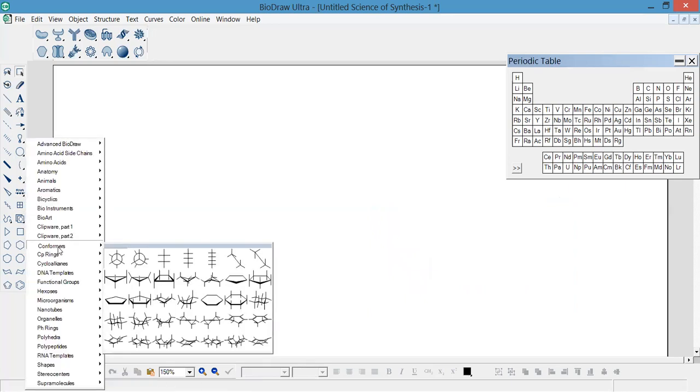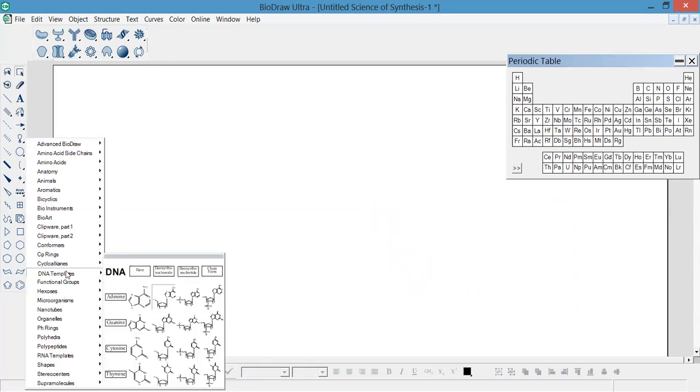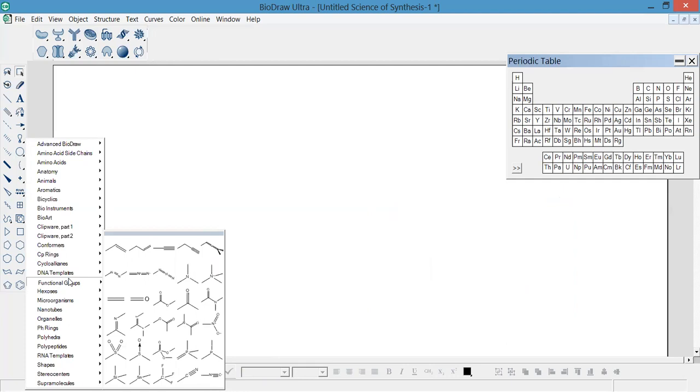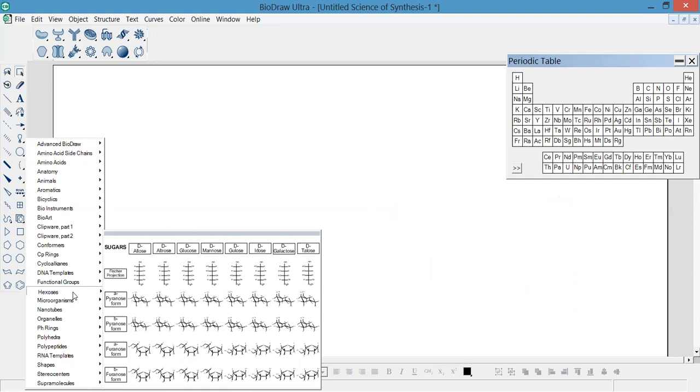Now, by using this BioDraw, you can draw the ring system. There are many functional compounds or functional groups, like azide, ketone, cyanide, like this. These are the hexose sugar molecules, cyclic and non-cyclic: hexose sugar molecule, pentose, fructose, and different isomers of hexose, pentose, fructose, pyranose sugar molecules.